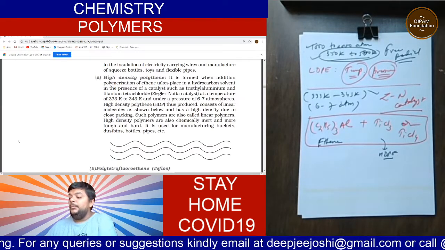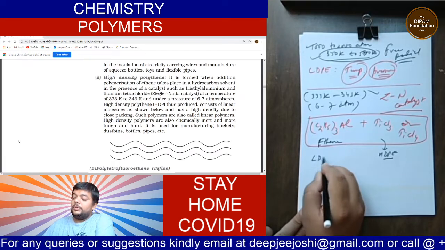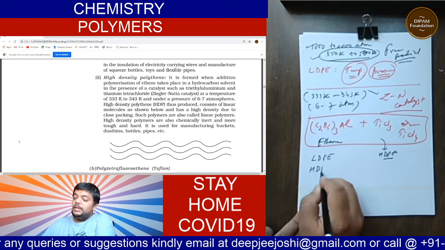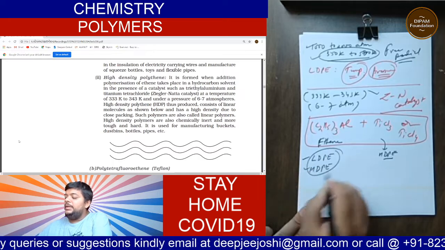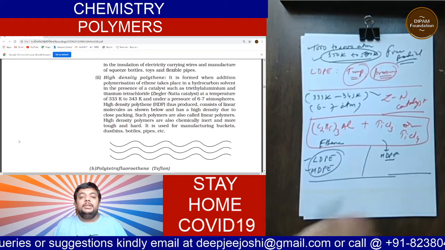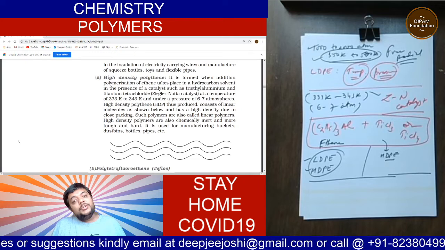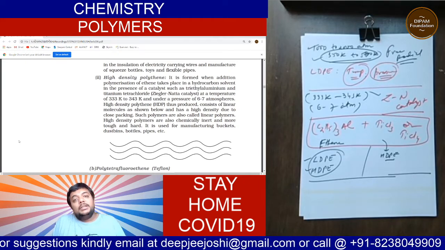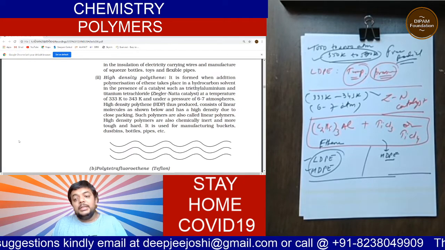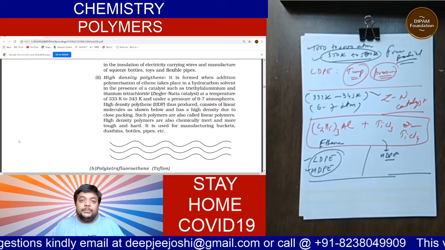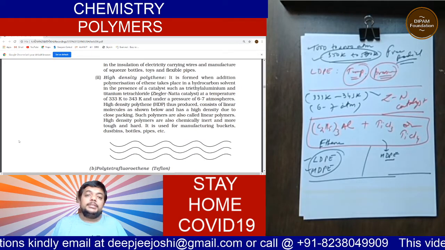So this is how you can obtain both required products, that is LDPE and HDPE, with a very basic and genuine difference of just a catalyst, which is a Ziegler-Natta catalyst. So these are the first two reactions.